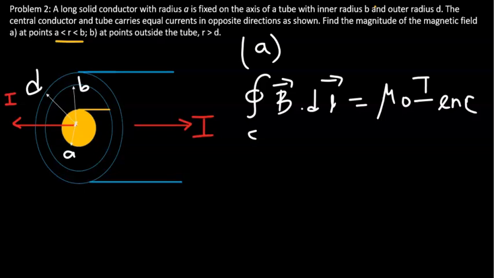We know that. It's a closed loop like that. And the direction of the magnetic field given this current in that direction, according to the right-hand rule, is going that way. And we should take the contour C to coincide with the magnetic field. That's what we learned in our previous video.